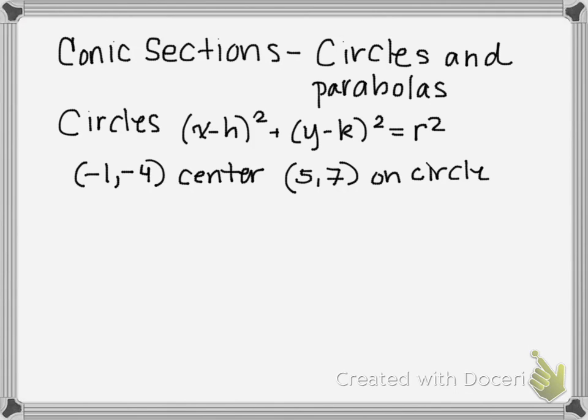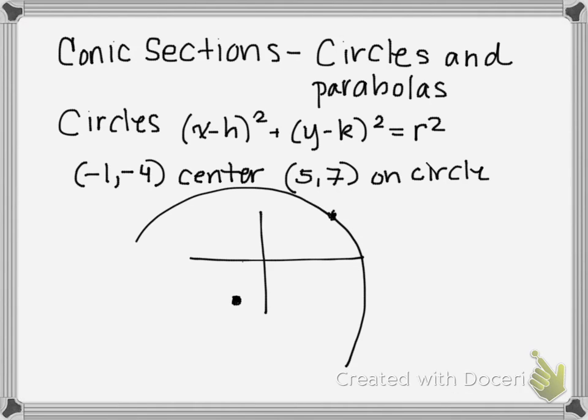And then if we look at what that looks like briefly, I would have, say, -1, -4, a center down there, and then I'd have a point up here, and that would be the circle. And I'd want to find the equation for that circle. So that's what we're doing here, trying to find the equation of a circle.